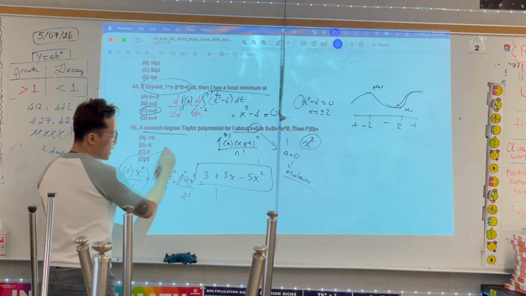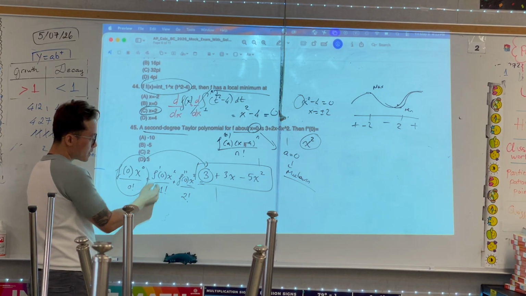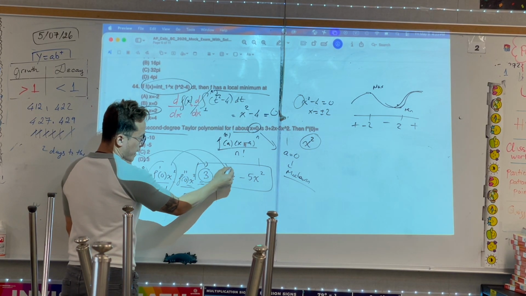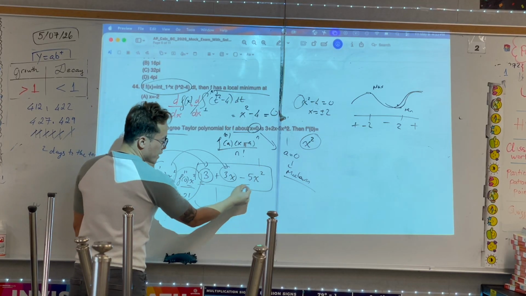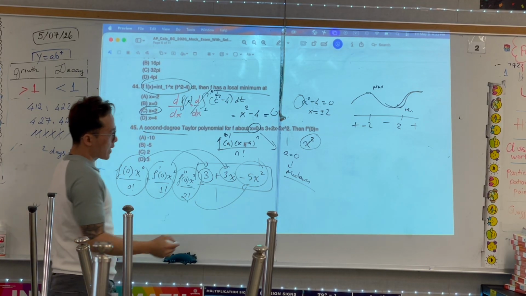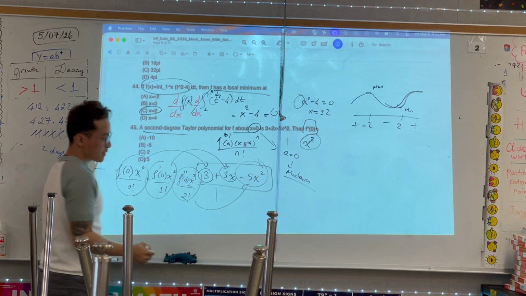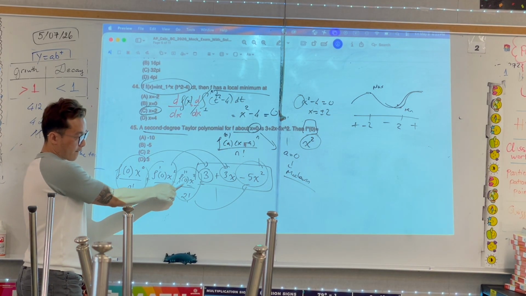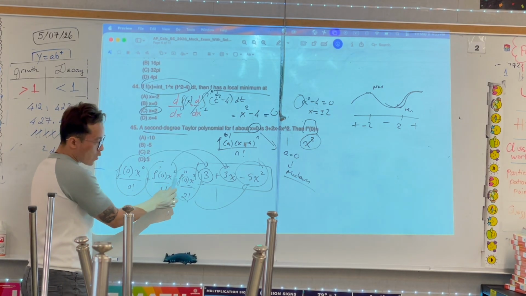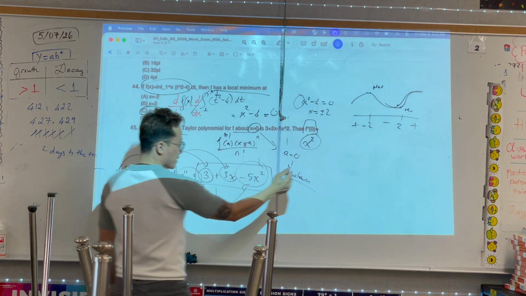This term will be equal to this term, and this one equal to this one. Now they ask, what is this then? Do you see this negative 5x squared, the last term? I know this will be equal to that.